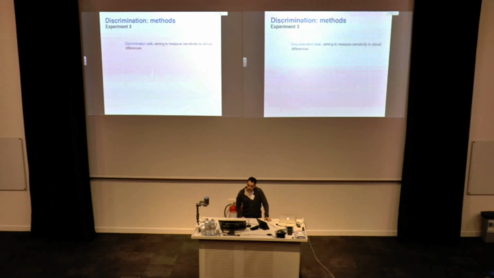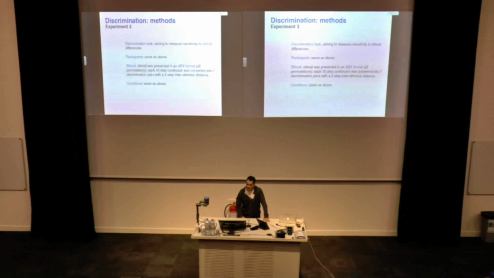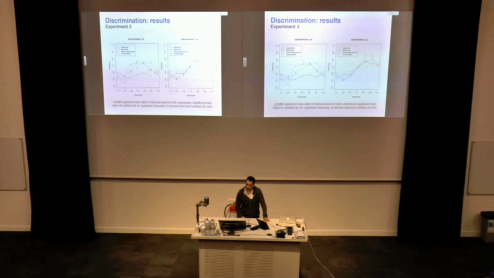And then we also ran a discrimination task. It had an ABX format in essence. That's maybe the only important thing I need to say. And the results, in the case of G, essentially show what we would expect: higher sensitivity to differences in the stimuli for those that are close to the category boundary.